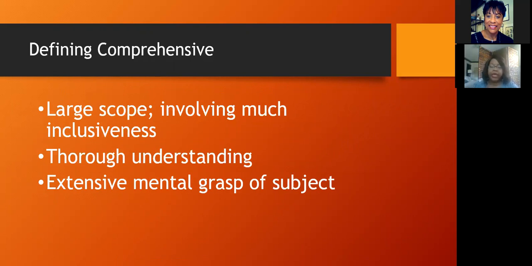It goes beyond the norm, and it allows you to operate with a sense of excellency, because you're looking to address every aspect in workforce development, and you are looking to make sure that you are excelling in what you do. So the concept of comprehensive services actually sets your program apart from the rest.